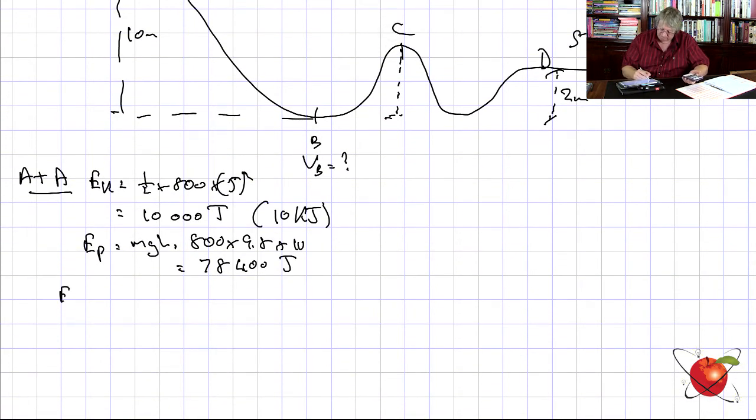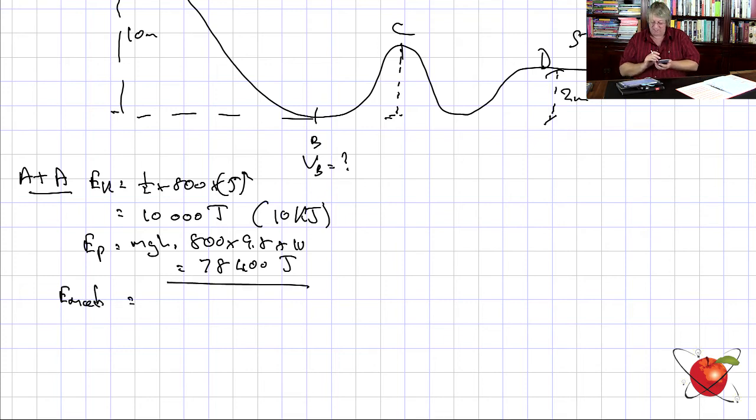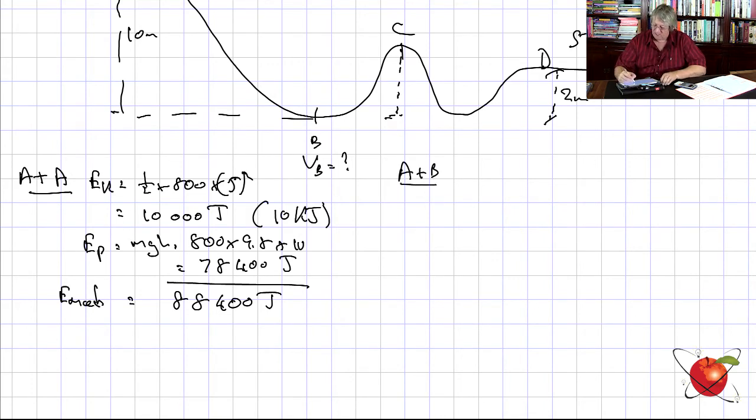Next step, add them. EMEC, that's the total. 78,400 plus 10,000 is 88,400 joules, right? We now know. So now we go to B. At B, EP is equal to 800 times 9.8 times mgh.